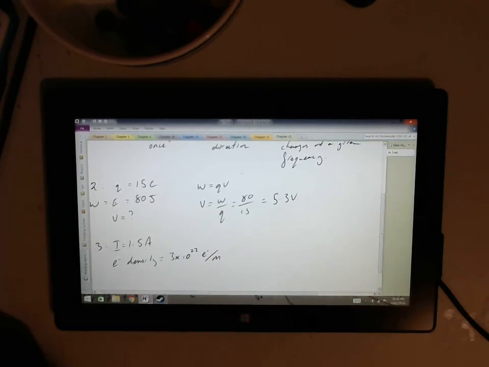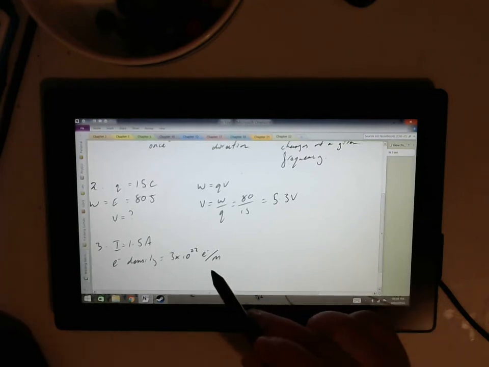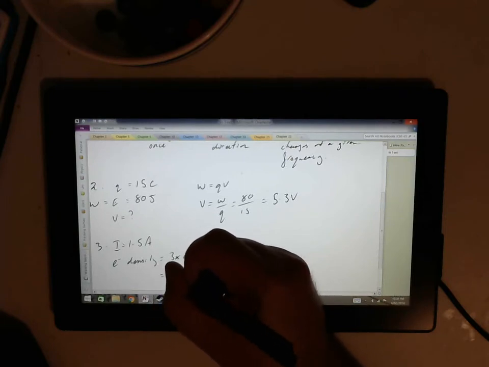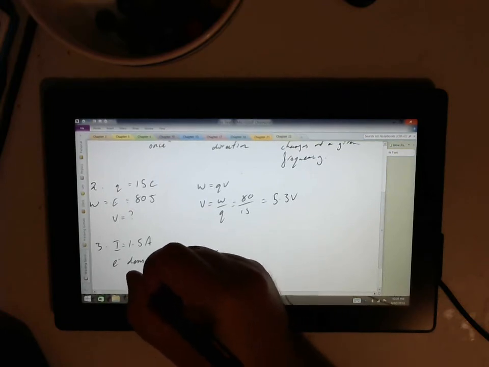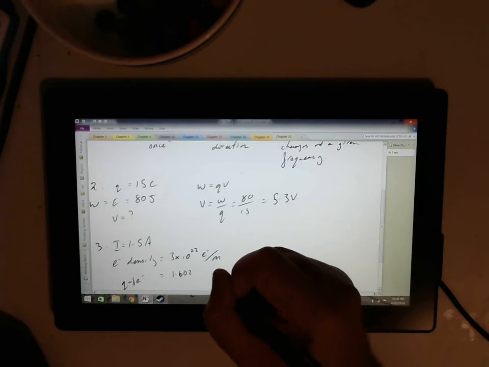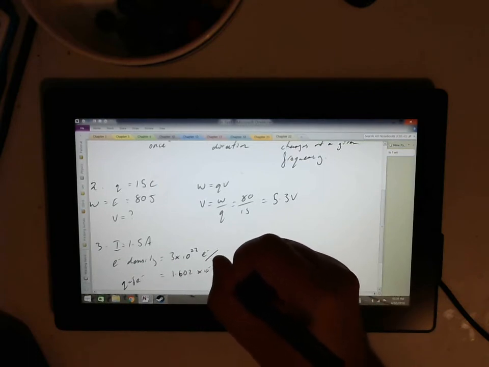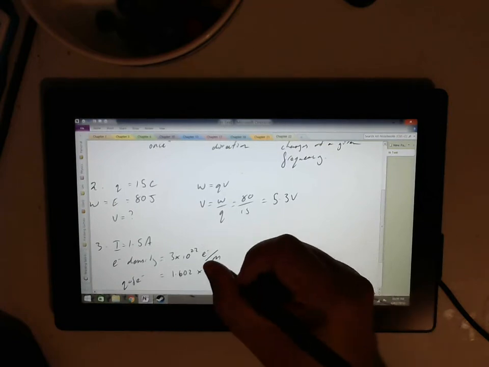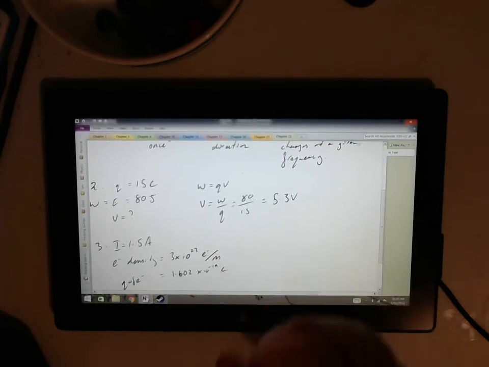Now, if we know how far it goes, we can work out the electrons in here. Remember, the amount of charge would equal 1.602 times 10 to the negative 19 coulombs, the charge of an electron. Sorry, not joules, coulombs. So that might be useful.